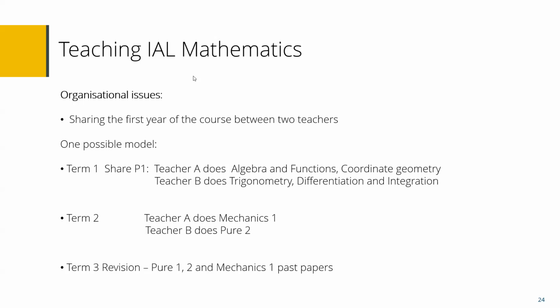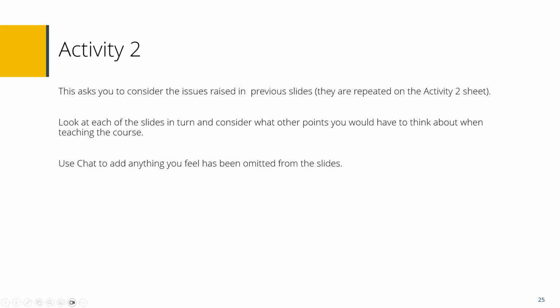This leads us then to activity 2, which I can put on the screen again, where it's worth actually exploring your views as well. The activity 2 asks you to consider the issues raised on the previous slides about the teaching.